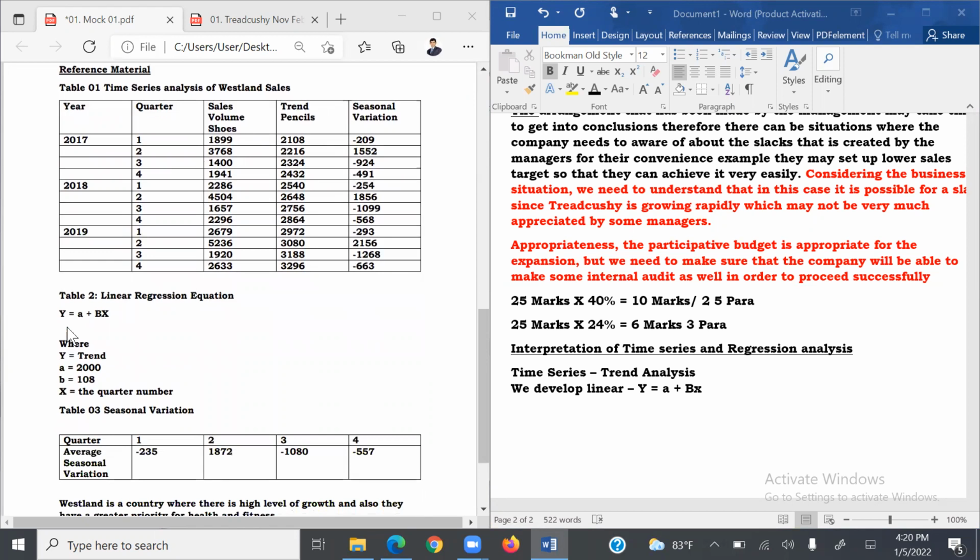So Y is now 2,108, meaning the trend is 2,000 plus 108, A plus 108. X is the quarter number. Now here it's the first quarter, so it's 1. Second quarter, it's 2. Third quarter, 3. Fourth quarter, 4. This is 2018's first quarter, but overall 5, 6, 7, 8, 9, 10, 11, 12.